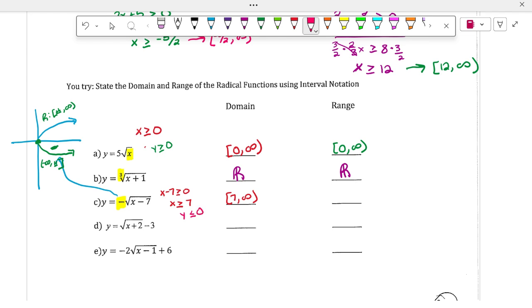Because think about it. If we had negative y is greater than or equal to 0, divide by negative 1, we have to flip that sign. So y is less than or equal to 0. Yes, sir. Why doesn't the negative outside the radical affect the equation? Because it's kind of just assumed. Think quadratics for a second. The negative on the outside would technically be which value?